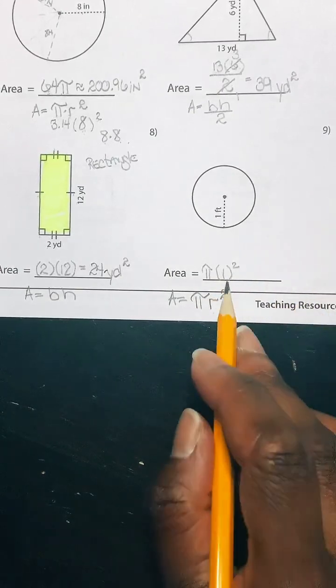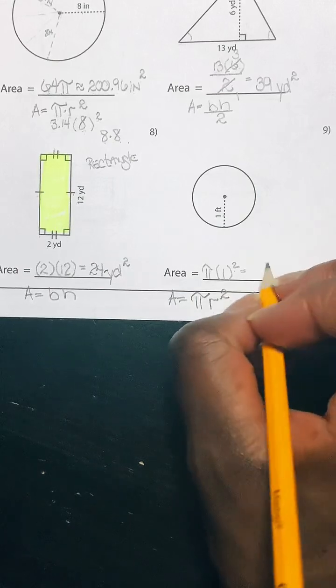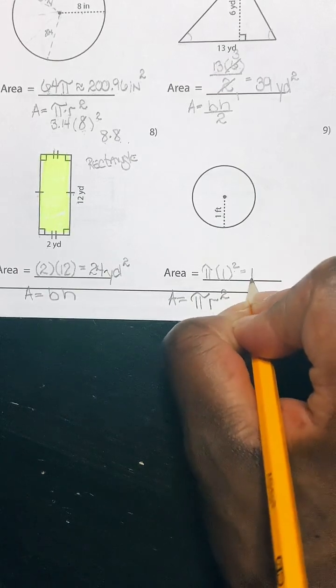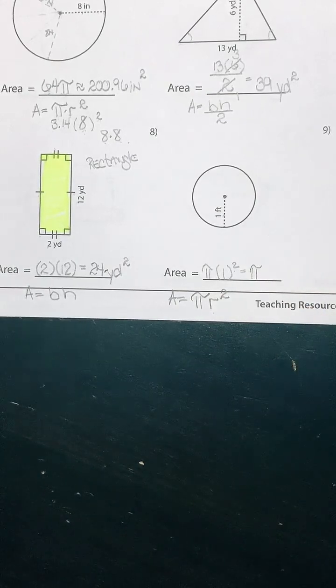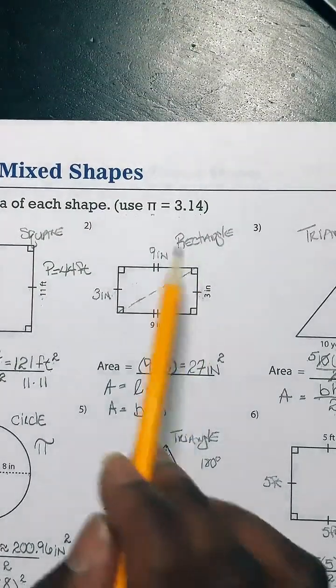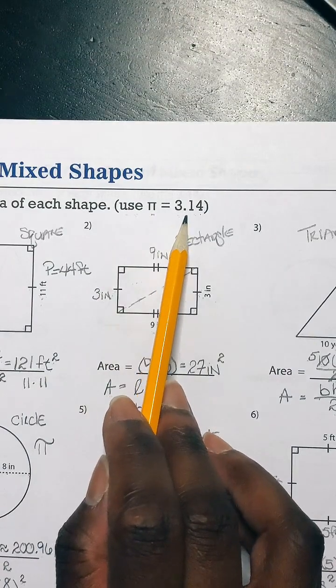And you know, if you square a 1, it's going to be itself, right? So that means it's 1 pi or just pi. But if they want us, which it says at the very beginning, if we see pi, we're going to plug in 3.14.